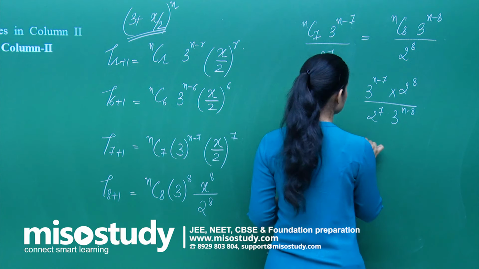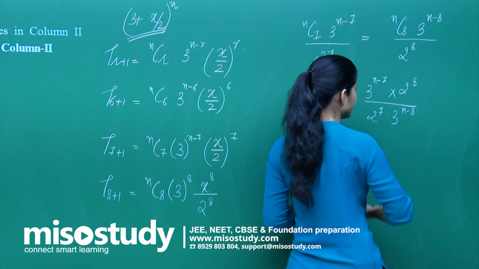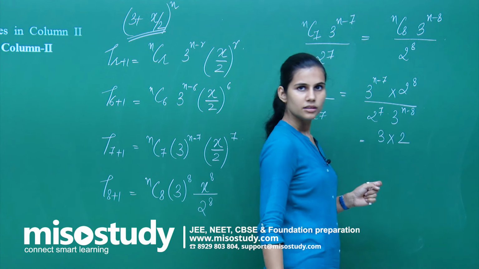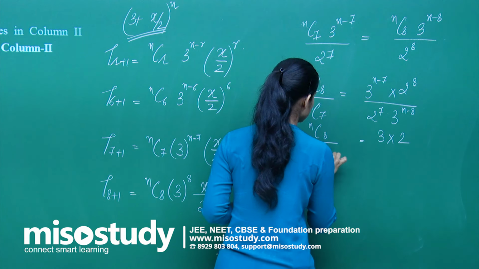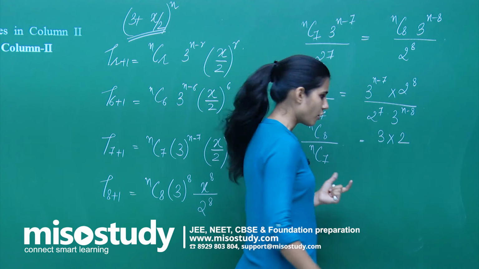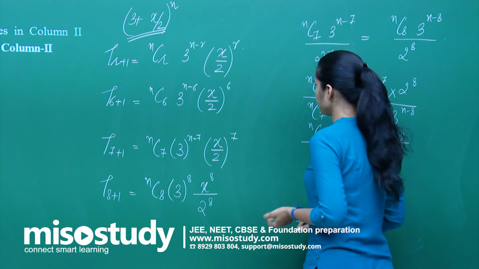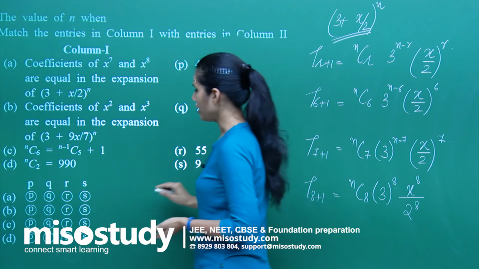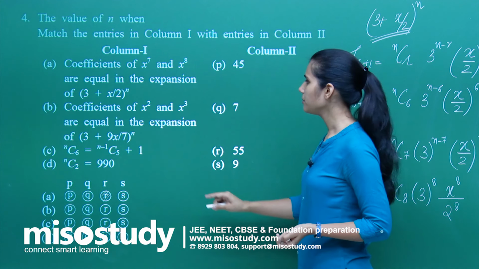So this gives you 3^(n-7-n+8), so this is 3 into 2, and this is nC8 upon nC7. From here, you are going to get n equals 55. So the first one, A, gets matched to R.